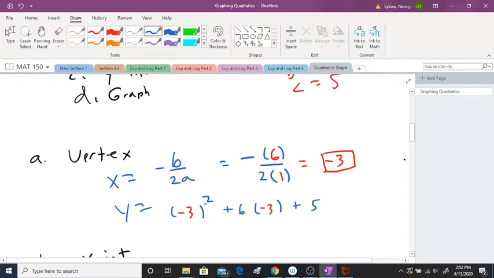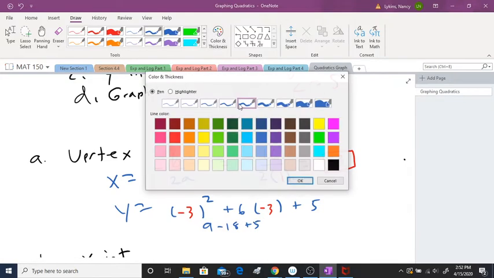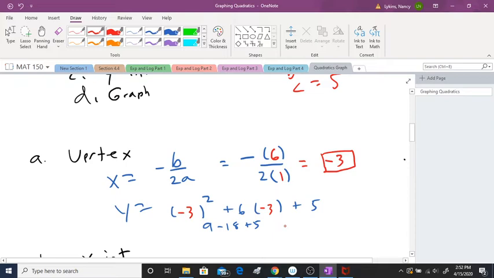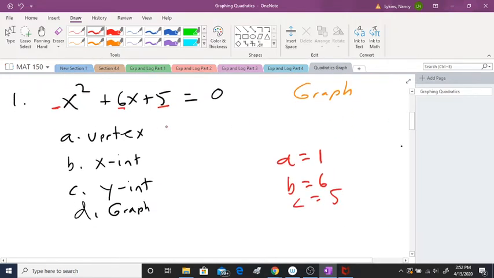So negative 3 squared is 9. 6 times negative 3 is negative 18, plus a positive 5. This gives us a grand total of a negative 4. So I know my vertex is negative 3, negative 4.